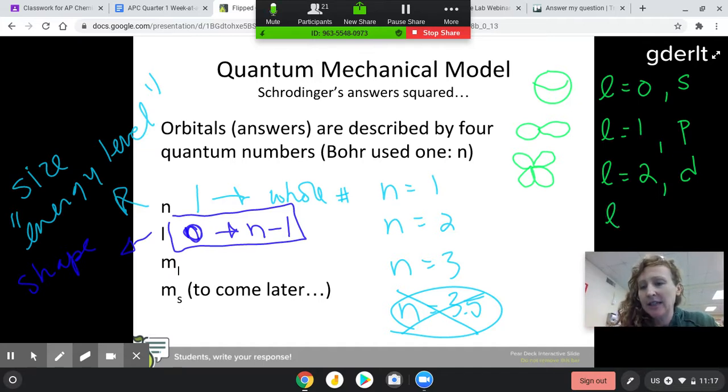Okay, and then L equals 3 is your F shape. What did we call the F shape last year? Crazy. Yeah, we called it crazy because they're all different. The F shape is debated right now.